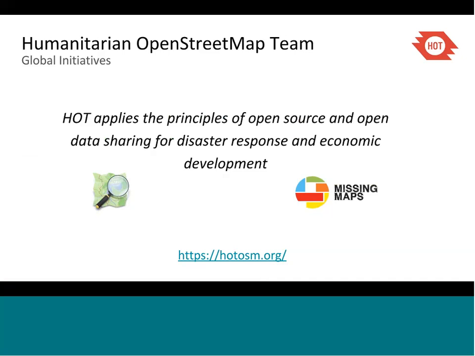But our organization, the Humanitarian OpenStreetMap Team, this is our sort of slogan, that we apply the principles of open source and open data sharing for disaster response and economic development, but we've really expanded to do a lot more than that. We're quite a small nonprofit organization. There's only about 40 staff members currently, but 3,000 volunteers worldwide.